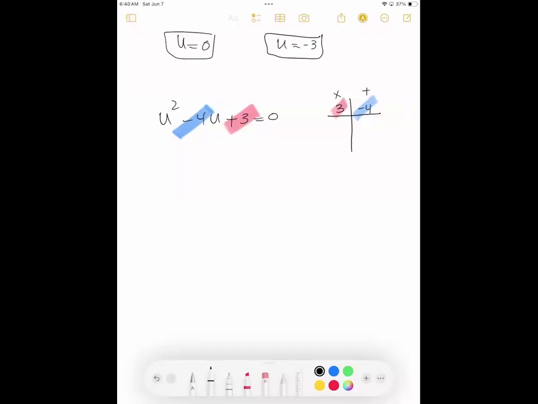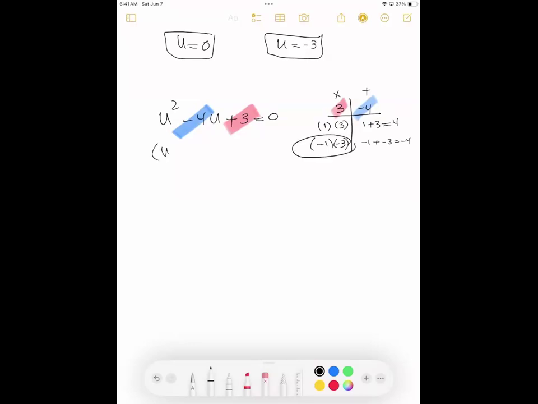So we factor this equation first, and then we set each factor equal to 0 and solve for u. Two numbers to multiply to get positive 3 are 1 times 3. But 1 and 3 gives us 4, not negative 4. How about negative 1 times negative 3? Negative times negative is positive, and negative 1 plus negative 3 is negative 4. So these are the factors.